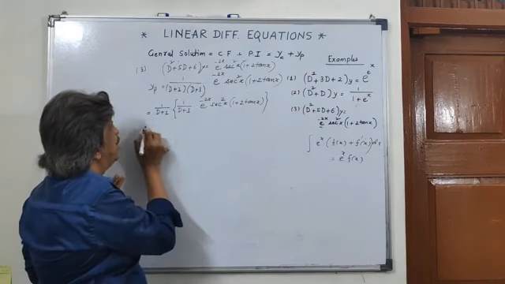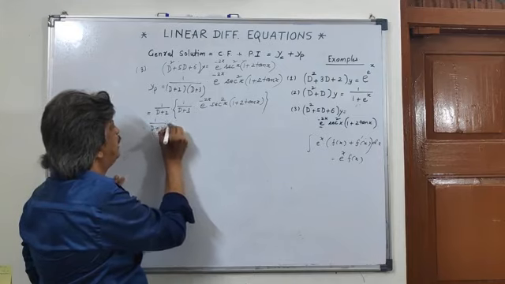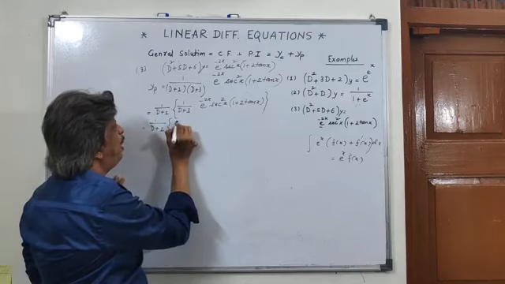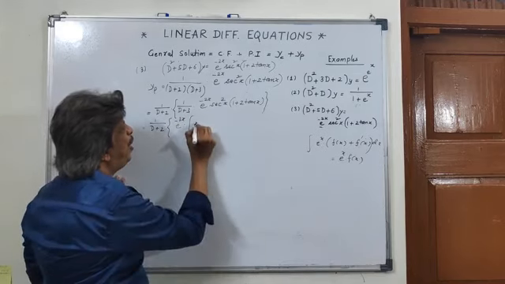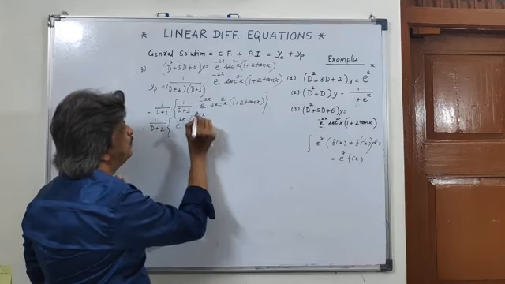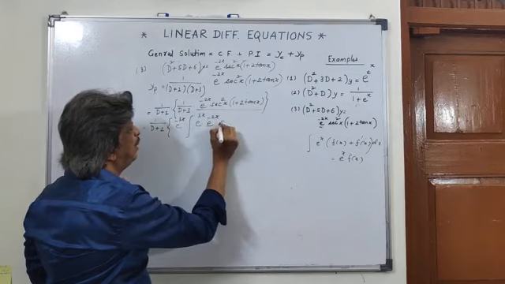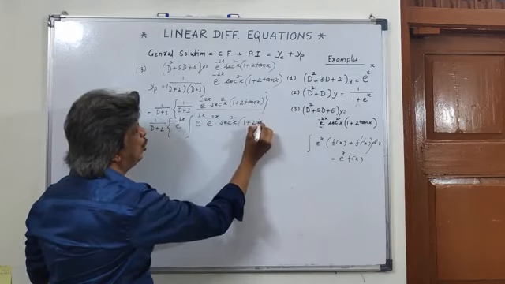D plus m, general integral formula, 1 upon D plus 2 times, here m is 3. So it is e to the power minus 3x into e to the power plus 3x into f of x. f of x is this, e to the power minus 2x into sec square x into 1 plus 2 tan x.